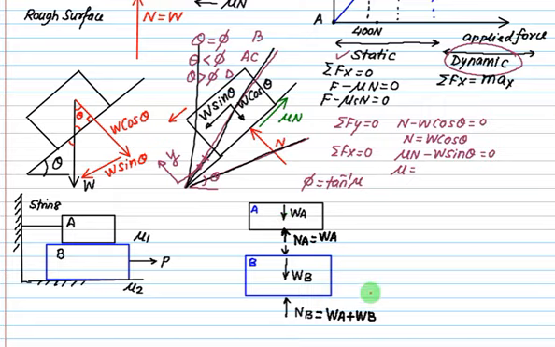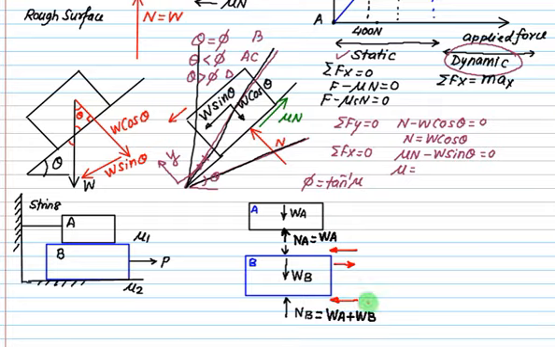Now when you are thinking of friction, check the motion first. Motion is given to B. If the motion is given to B, B has two contact surfaces, one in between A and B and one between B and ground. And this friction force will act opposite to motion. That is what rule number 1 says.